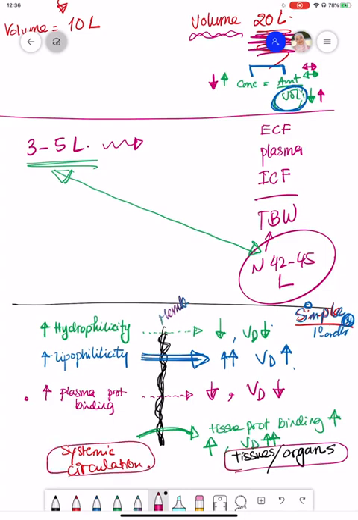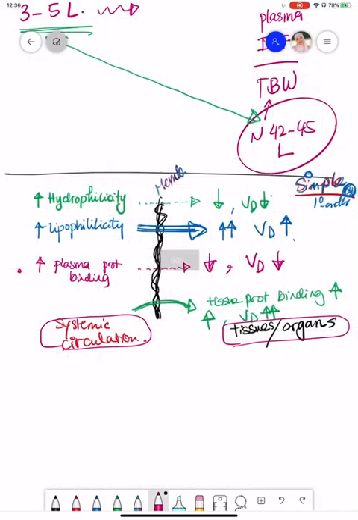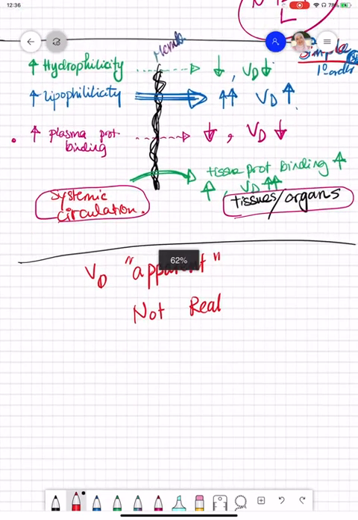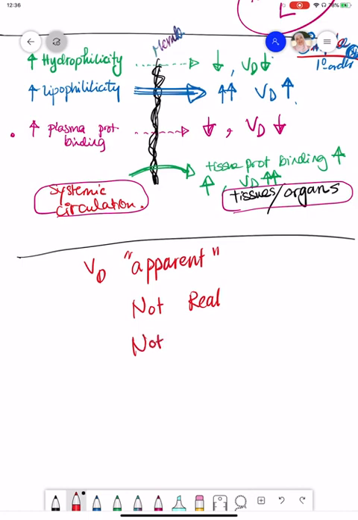So these are examples telling you the same thing over and over again. First of all, which is very important, it's apparent volume of distribution. It's not real. It's not a physiological volume.